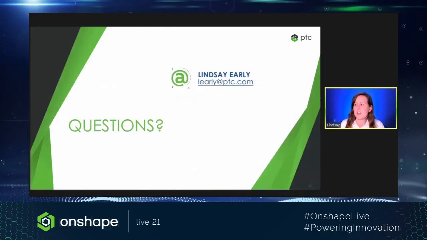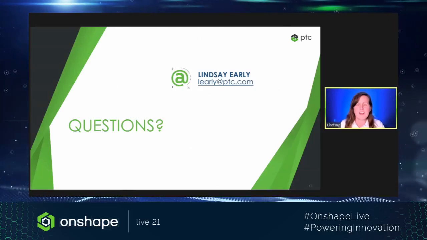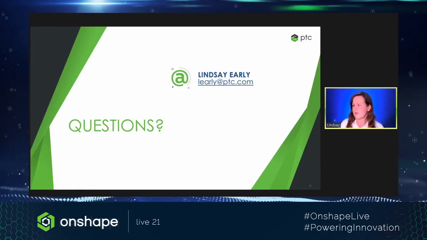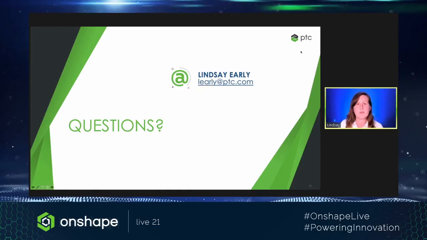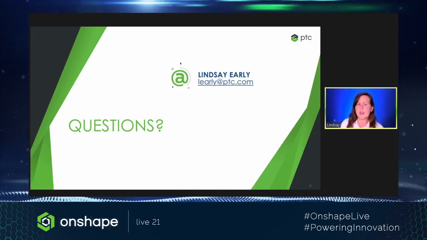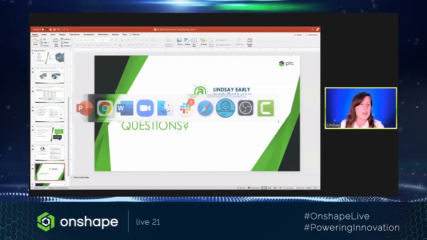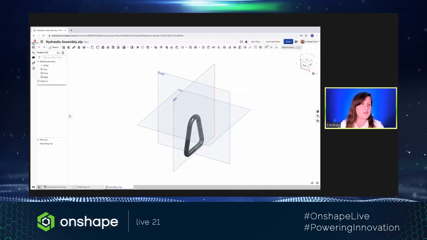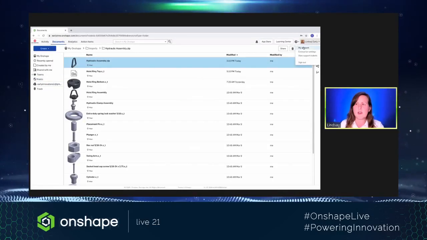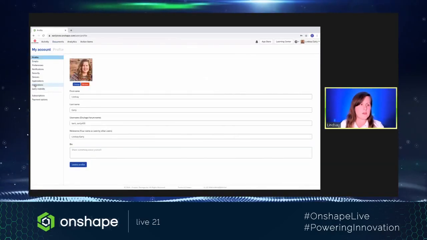So that brings me to questions. Someone asked, what do you mean integrating with Dropbox? What I mean is, it's actually a setting. You can set it up under your account, integrations.